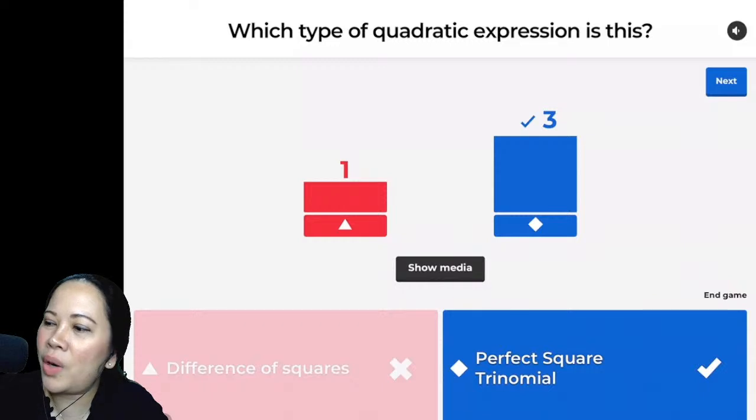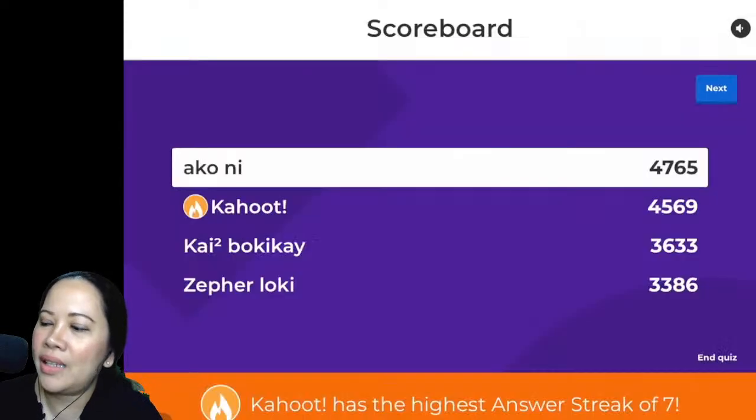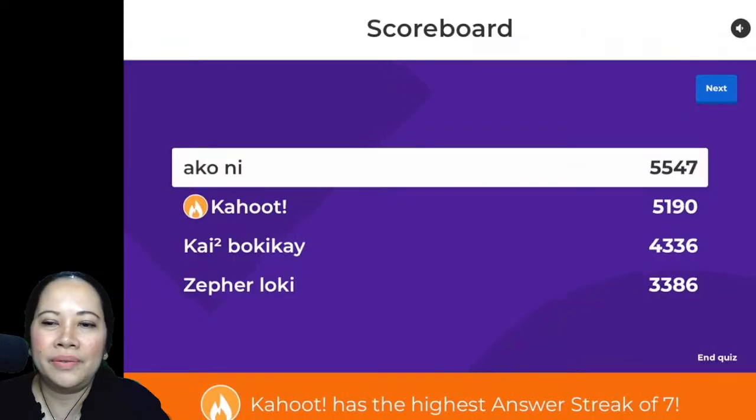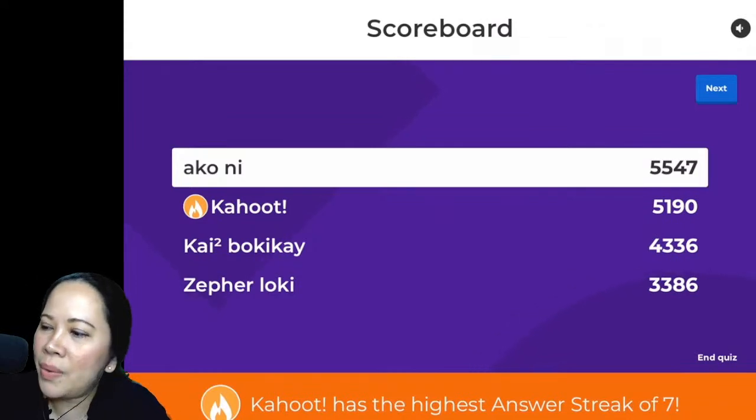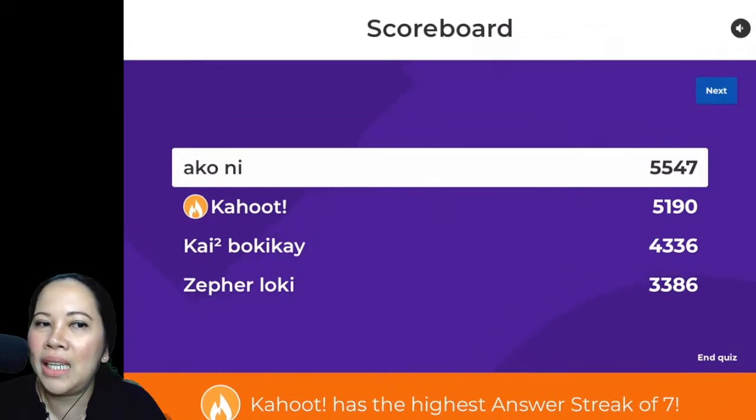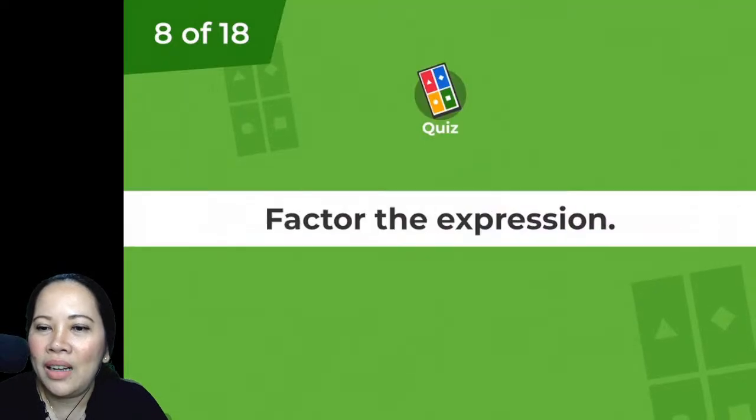Yes, it's a perfect square trinomial. That is correct. Well done, well done. Okay, let's proceed with the next one. Still on the lead is Akuni. I wonder who is that, Akuni.